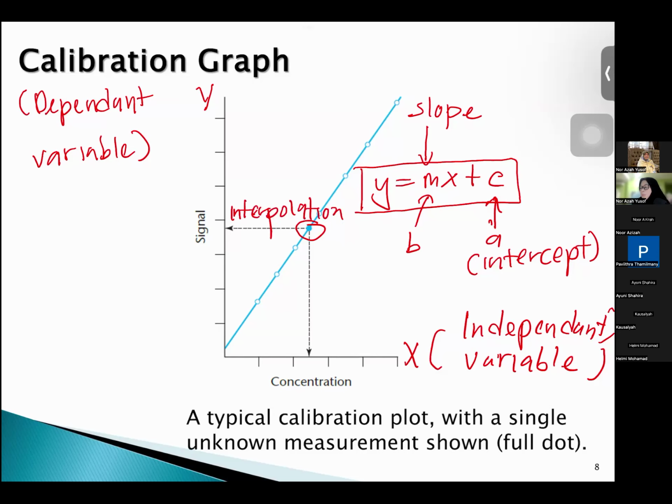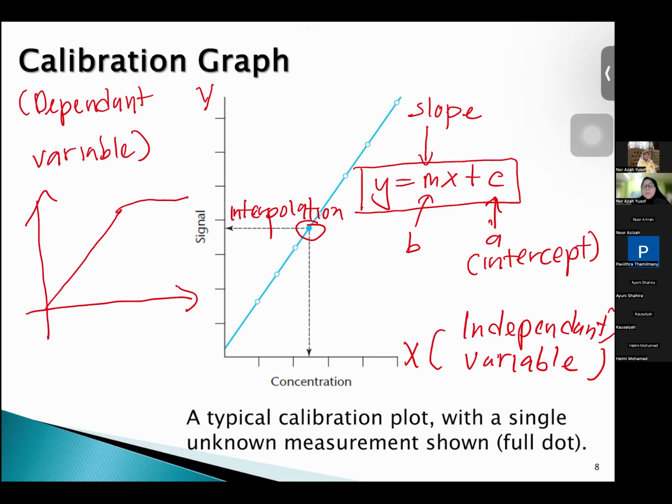And somebody asked whether we can do extrapolation. It is quite dangerous to do extrapolation because sometimes, if we didn't really study the concentration, it might be linear and it might not be linear after certain concentration values.